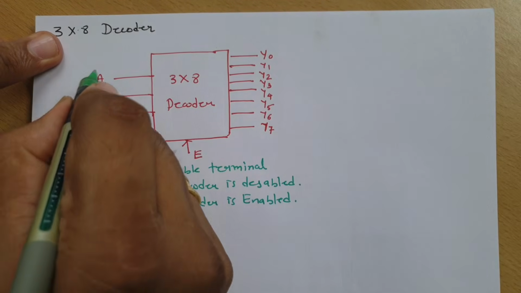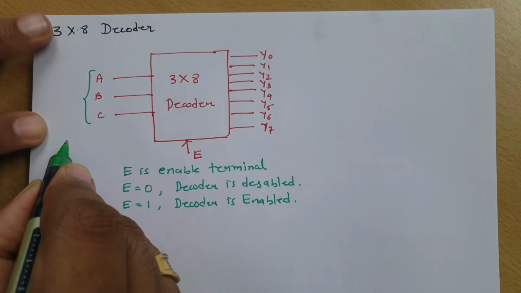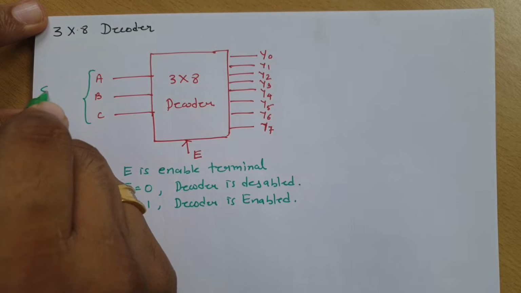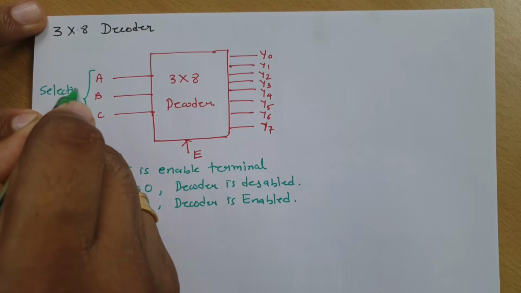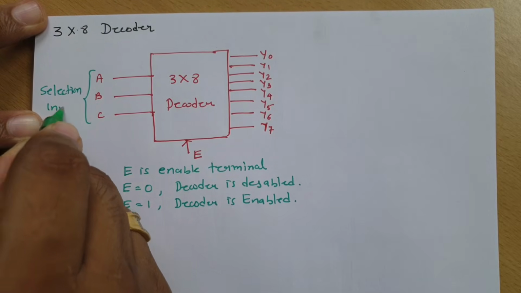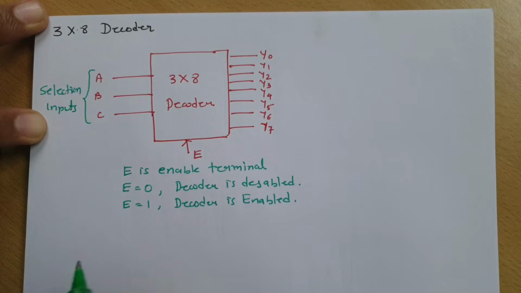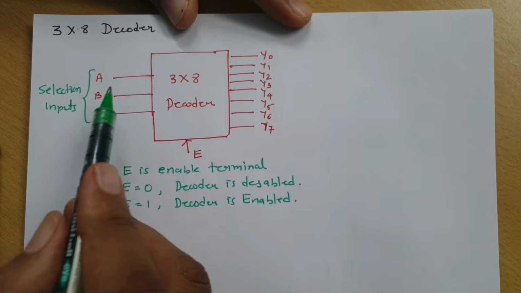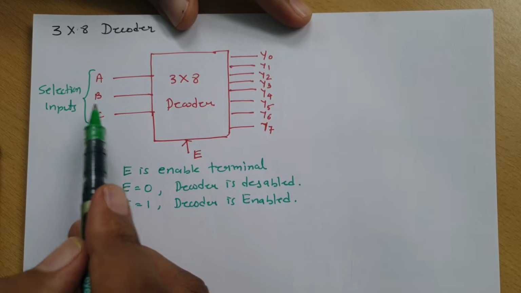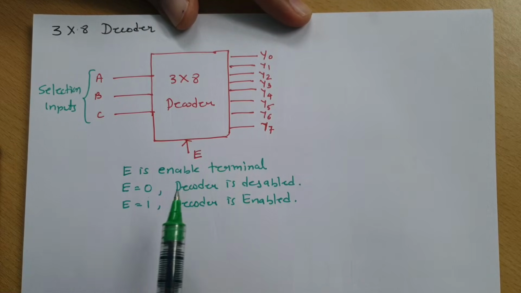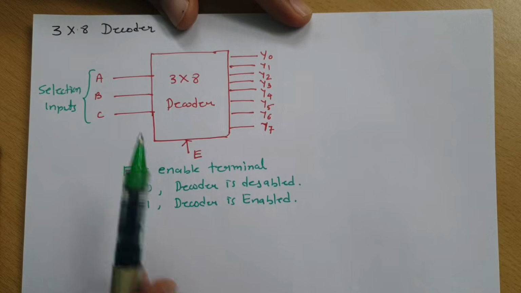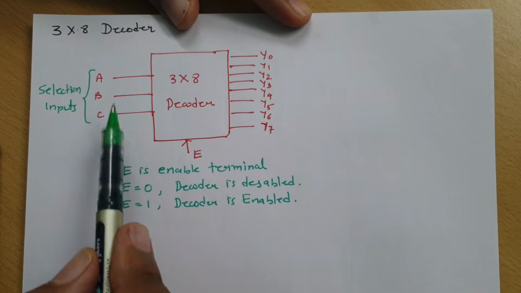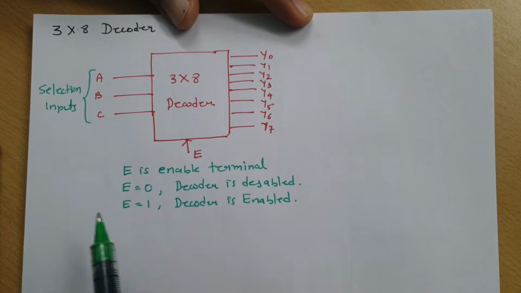These input lines are the selection lines, or one can say selection inputs. So if E is 0, then the output is not depending on ABC, the output will always be 0. And if E is 1, then based on the selection lines ABC, the output will get selected.